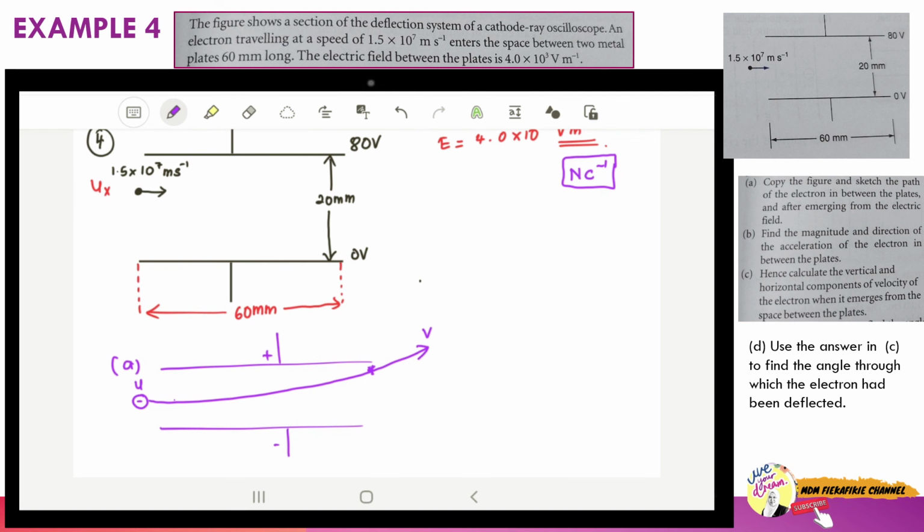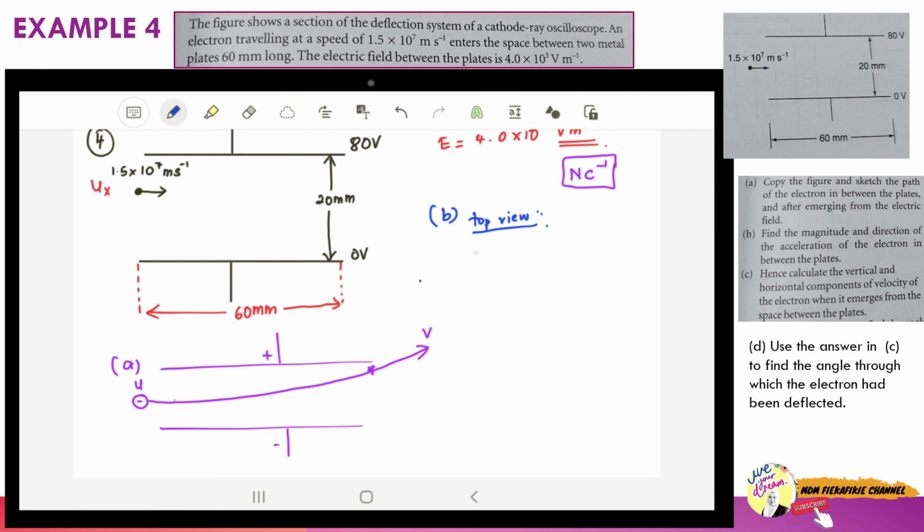Now for question B, find the magnitude and direction of the acceleration of the electron in between the plates. Let's say we consider this as a top view. If you want to use the side view, you need to consider the weight.